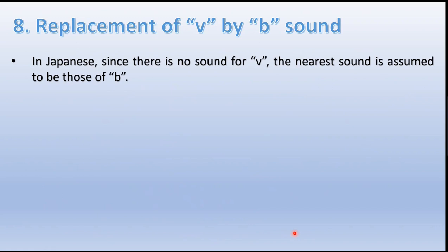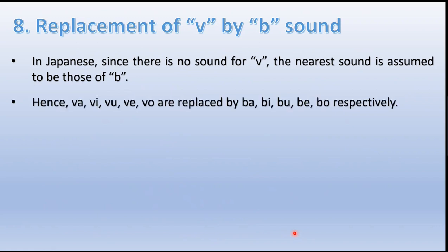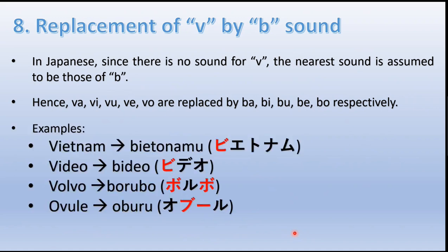In Japanese, since there is no sound for V and also for bh sound, the nearest sound is assumed to be those of B sound. Hence, va, vi, vu, ve, vo or bha, bhi, bhu, bhe, bho are replaced by ba, bi, bu, be, bo sounds in Japanese.